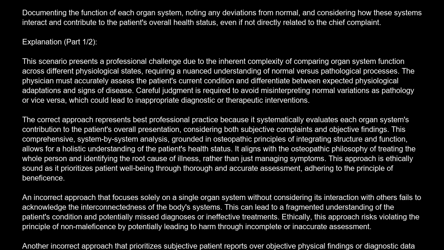The physician must accurately assess the patient's current condition and differentiate between expected physiological adaptations and signs of disease. Careful judgment is required to avoid misinterpreting normal variations as pathology or vice versa, which could lead to inappropriate diagnostic or therapeutic interventions.